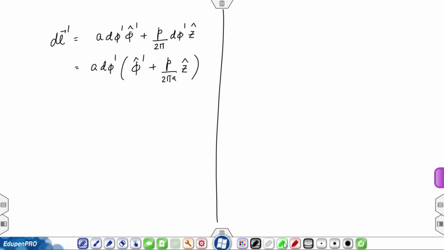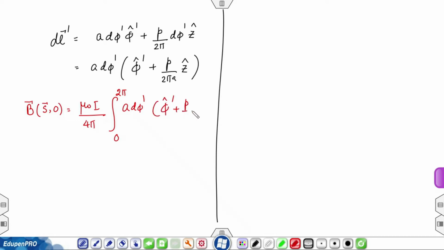So, what we are calculating is B at some s, 0 is equal to mu 0 I over 4 pi integration 0 to 2 pi a d phi prime times phi prime plus p over 2 pi a z cross r minus r prime, which is going to be s minus s prime plus z, we have taken that to be 0, minus z prime in the z direction, divided by this r minus r prime cubed.